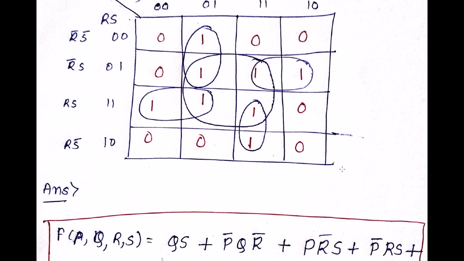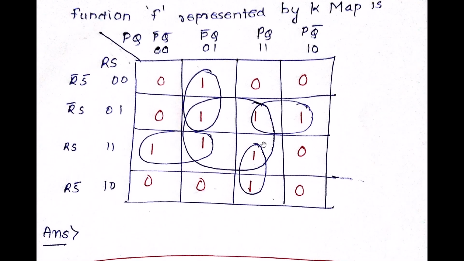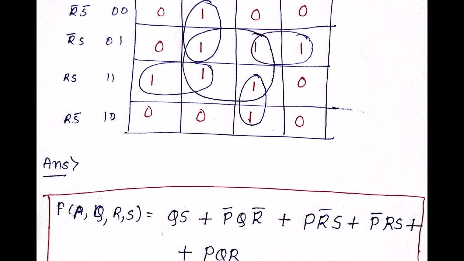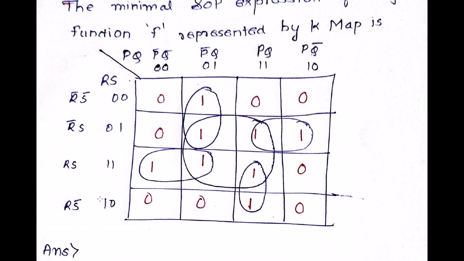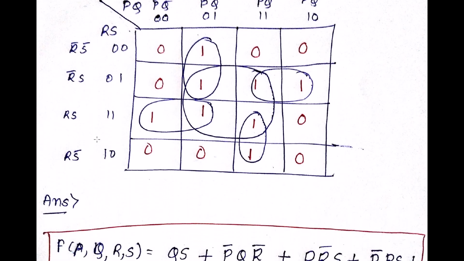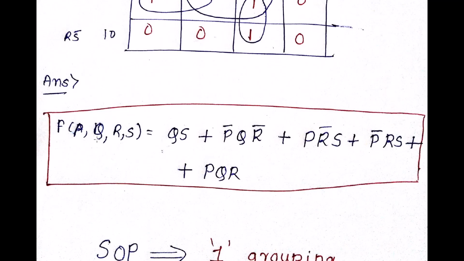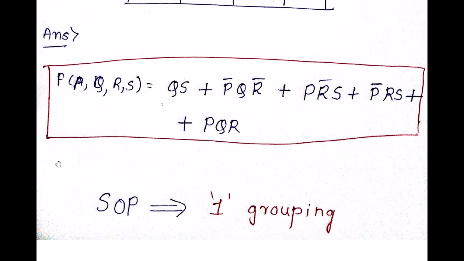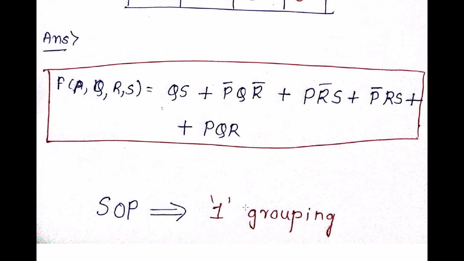Then we have this 2 ones which is given as P, Q, R. Next we have this 2 ones which is given as P, R bar and S. So I hope I'm very clear, and hence I've written for SOP you have to do grouping of 1 and just do the grouping.